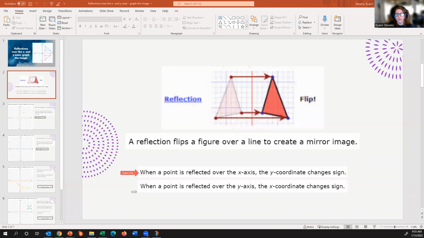And when the point is reflected over the y-axis, that's where the x coordinate is going to change its sign. So we're going to look at a couple of examples of points, and then we're going to move into shapes and what those reflections are going to look like depending on the line of reflection that we're using.